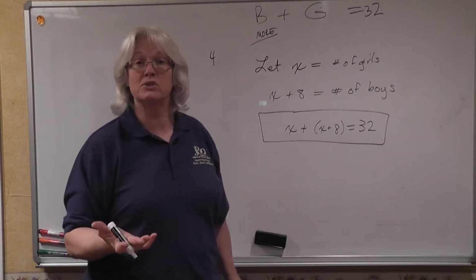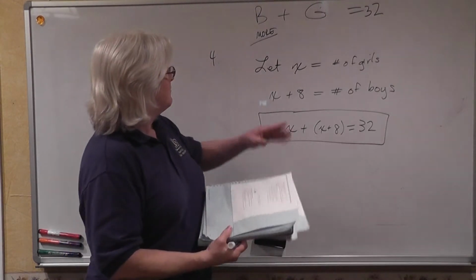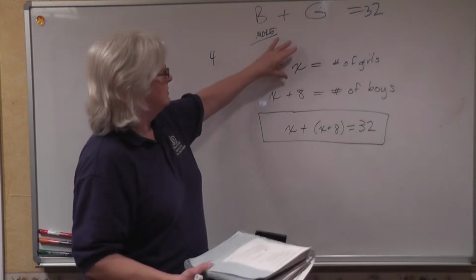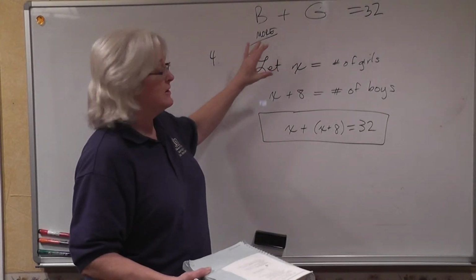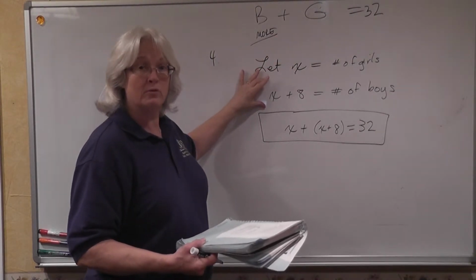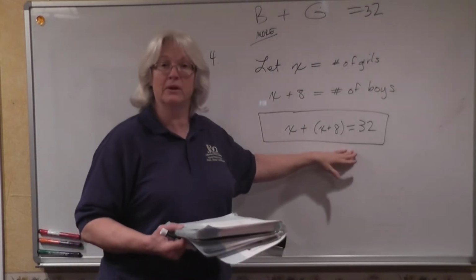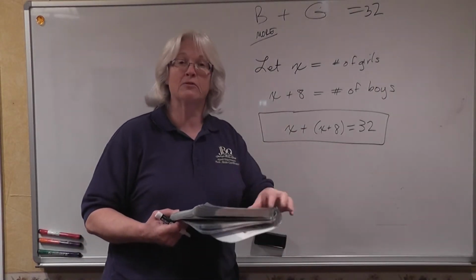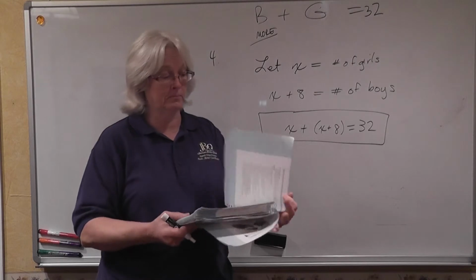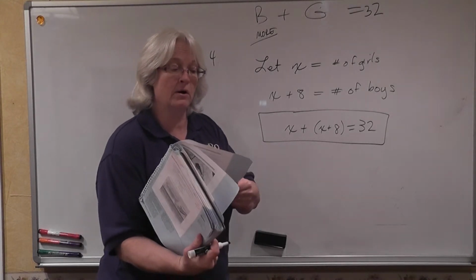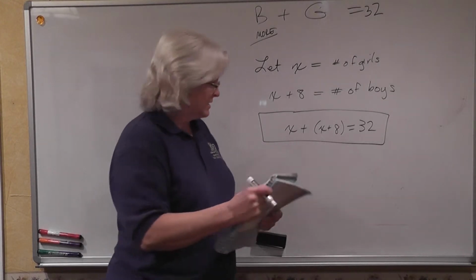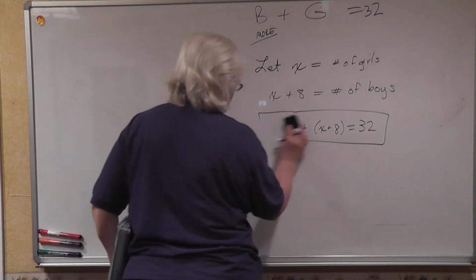And this is all they want you to do again for this example. Define the number of girls, define the number of boys, and come up with an equation using information from our problem.